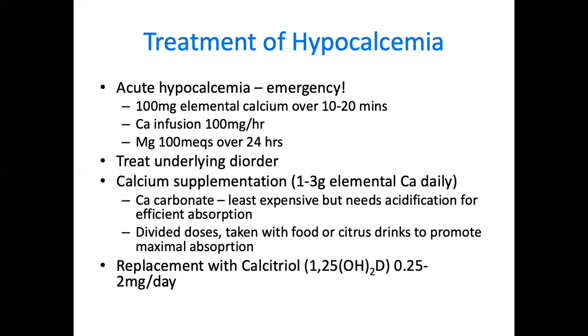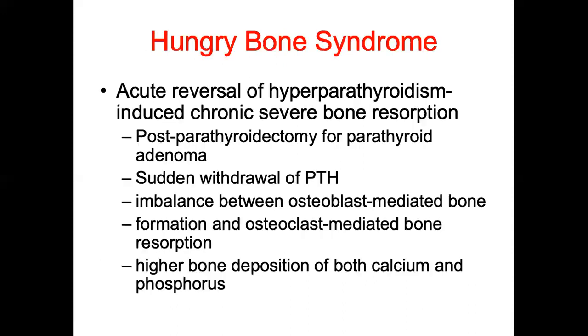Plus, you have to include calcitriol also, because since you do not have PTH, you are unable to activate the cholecalciferol, or your vitamin D. So what you need is already an activated vitamin D, which is in the form of calcitriol. This is usually in a dose of 0.25 milligram per tablet. You can give as high as 2 milligrams per day or even higher in severe cases.